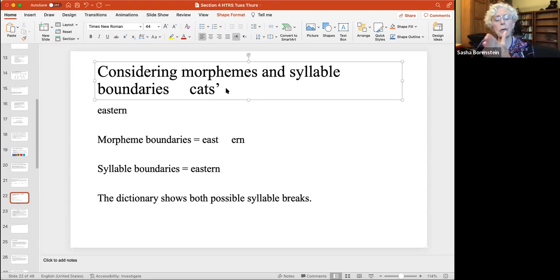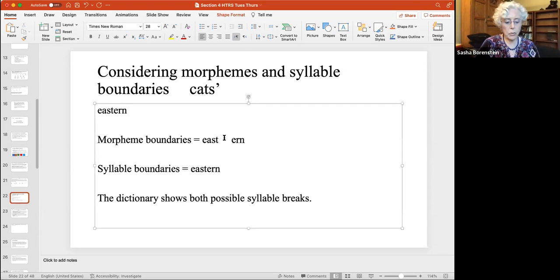It means in the direction of. So if I were to break the word Eastern at the morpheme boundaries, I would have east, and many times what we do is we put a plus. I don't know how to do it on my computer. But we're putting them together for one word.